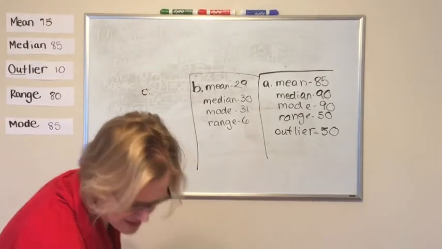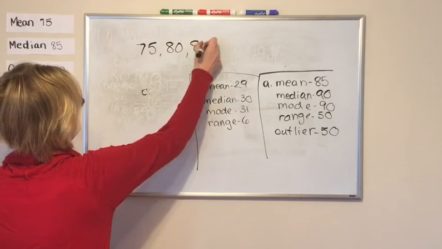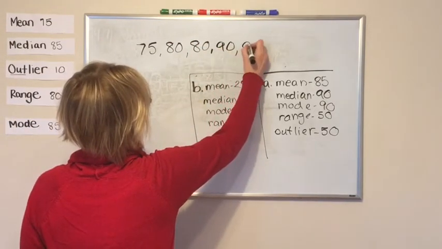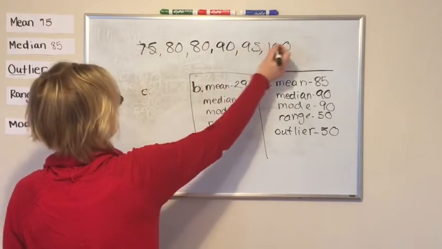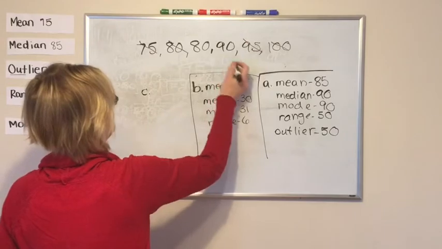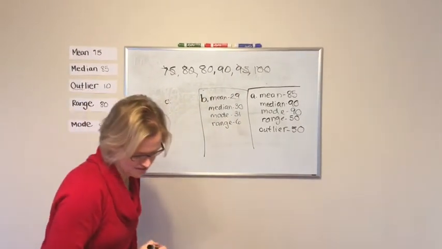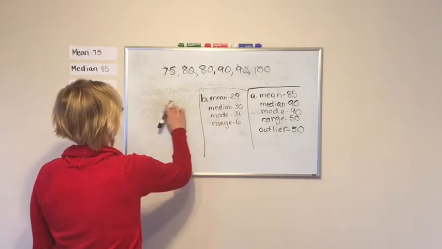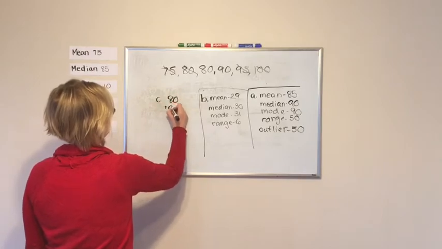So for letter C, 75, 80, 80, 90, 95, and 100. So from the outside in, we have our 2 numbers here. It's even, so in order for us to find the median, we have to average these 2 together. So for letter C, we're going to add 80 plus 90.